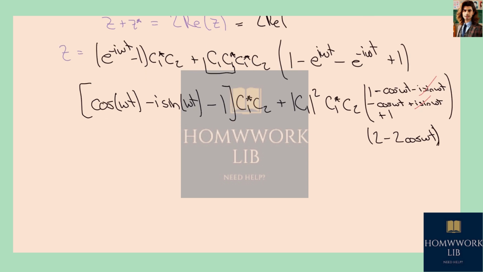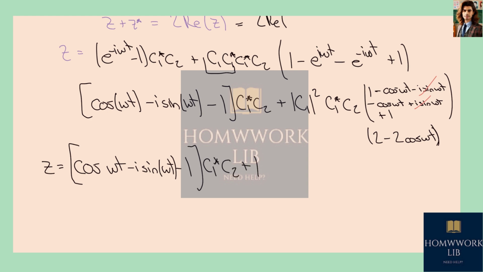Okay, so now the expression for z is going to be cosine of omega t minus i sine omega t minus 1 times c1 conjugate c2, plus c1 squared times c1 conjugate times c2 times 2 multiplied by 1 minus cosine of omega t.